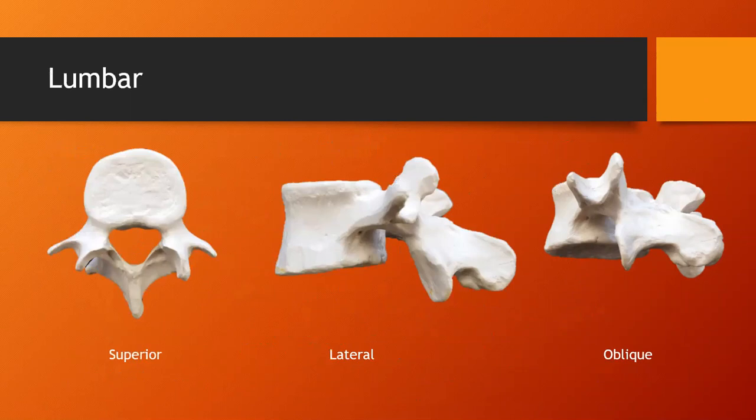So in your first blank, you should write atlas, ATLAS, also put C1, and then the bullets that follow are characteristics of the atlas, that it has no body or spinous process, that it consists of anterior and posterior arches, which we looked at momentarily, and then 2 lateral masses, which allows it to articulate and move our head on the C2, which is the axis.